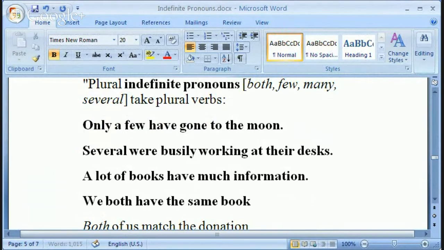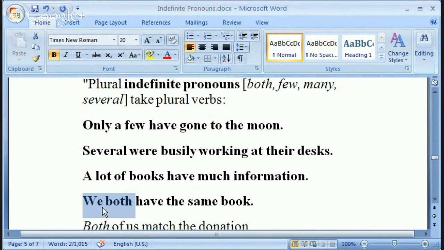Oh, this is very confusing. We both. Oh boy. Same book is have. I see the verb and the object. I am not sure what is we both. We have the same book.